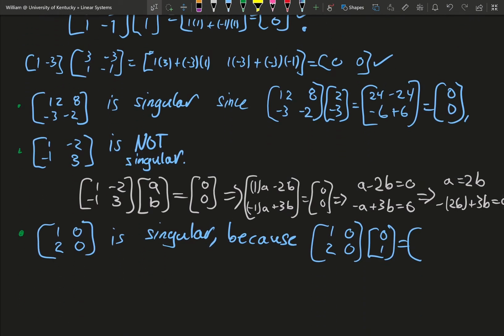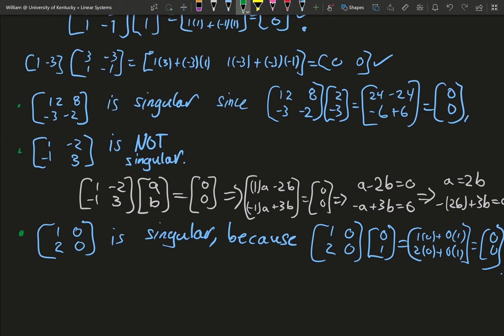Even though you can still have one entry equal to 0, like in this case, 1 times 0 plus 0 times 1, and 2 times 0 plus 0 times 1. So as long as there's some vector, not all of whose entries are 0, that you can multiply and get 0, that means it's singular.